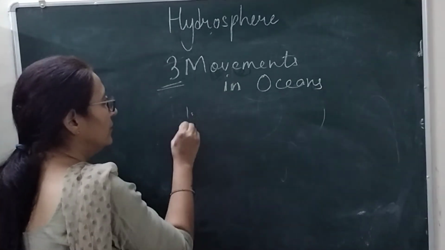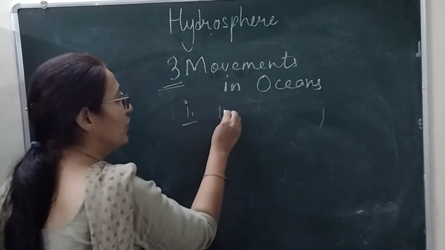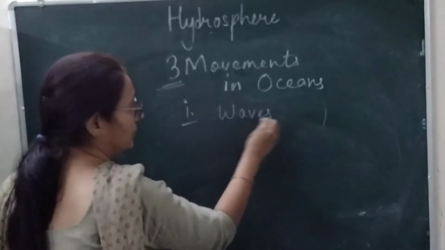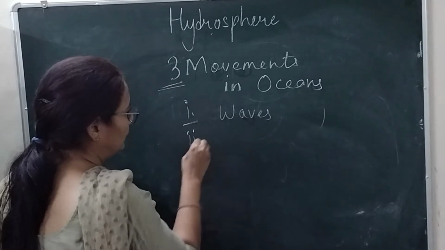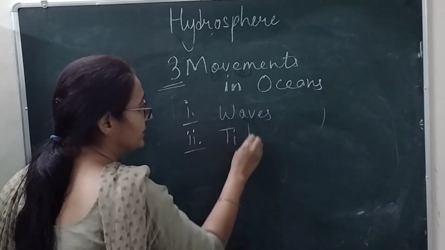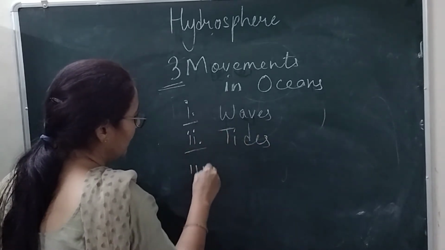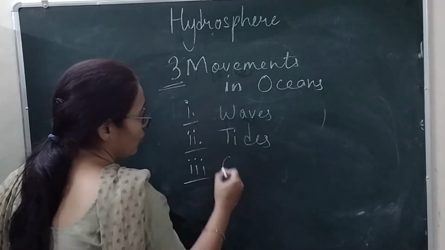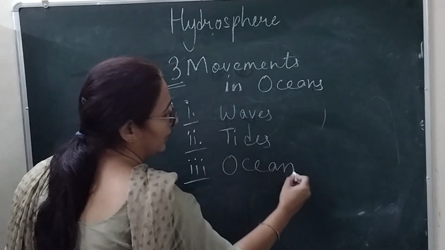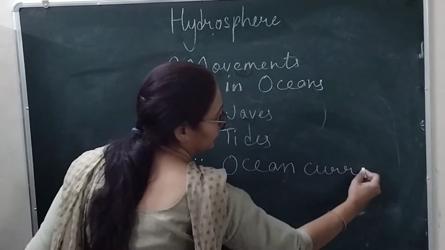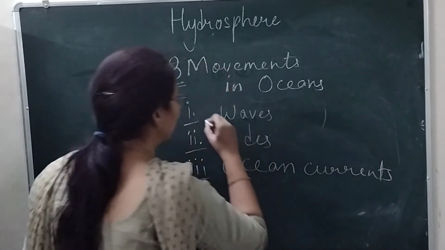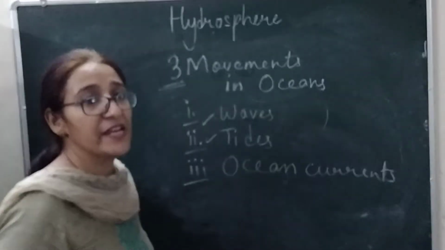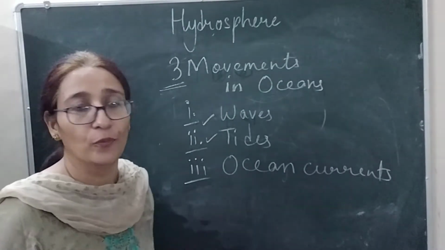Number 1, waves. Number 2, tides. Number 3, ocean currents. So let's learn about waves and tides in this video.